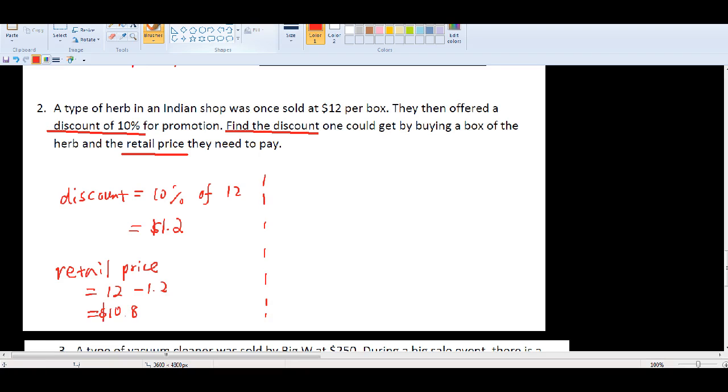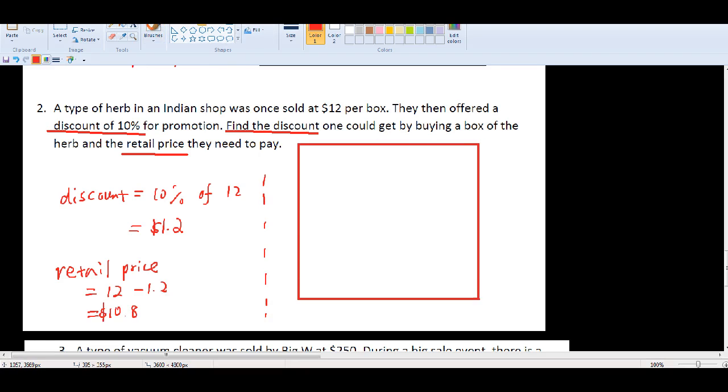Another way, if you don't want to use this way, you can find the discount factor as 100% take away 10%, which is 90%, which is 0.9, and you can find your retail price in just one step.